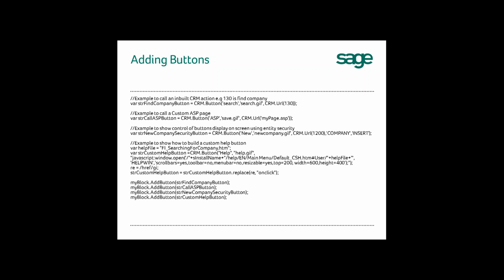And here you can see there are three basic parameters to the button method. If you're looking at the first example that I have up there, which is the idea of the string find company button, you'll see that there's a button that says search with a reference to search.gif, and then there's also crm.url. Now, of course, we're using the contemporary theme, and so that second parameter is not necessary.